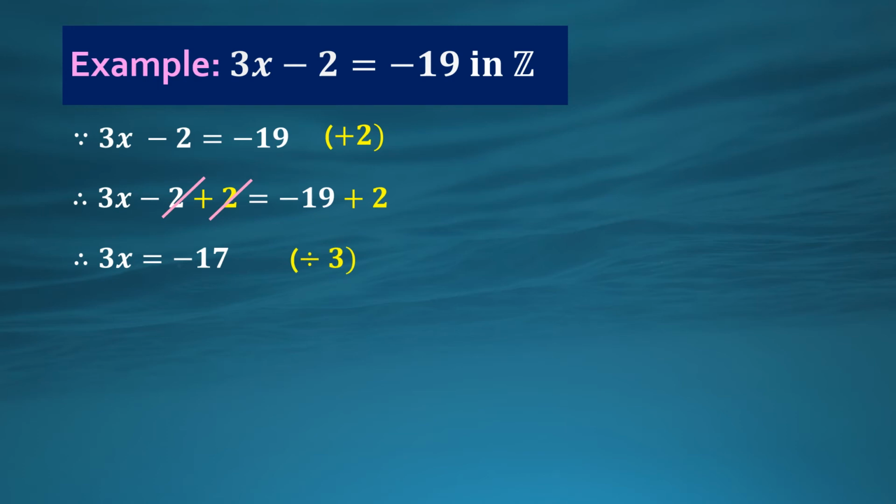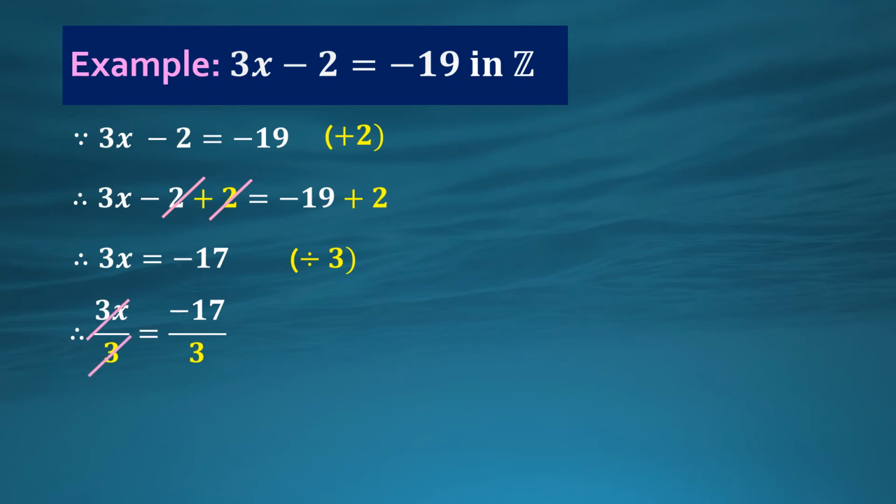To remove 3 from x, here 3 is multiplying with x. That means you will use the opposite of the operation of multiplying. The opposite of multiplying is dividing. That means you will divide both sides by 3. So 3x over 3 equals negative 17 over 3.